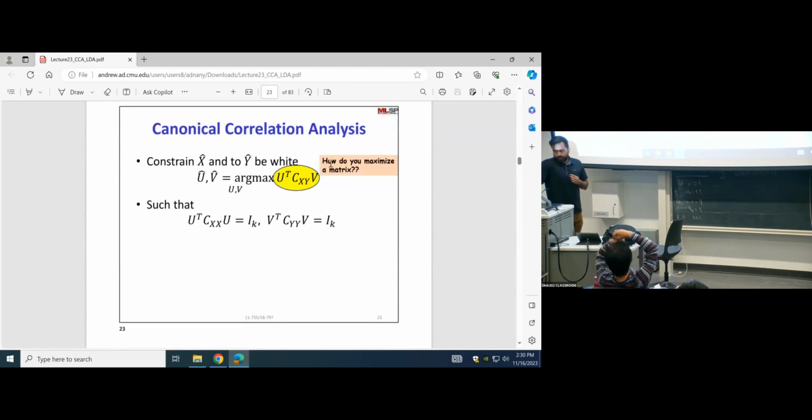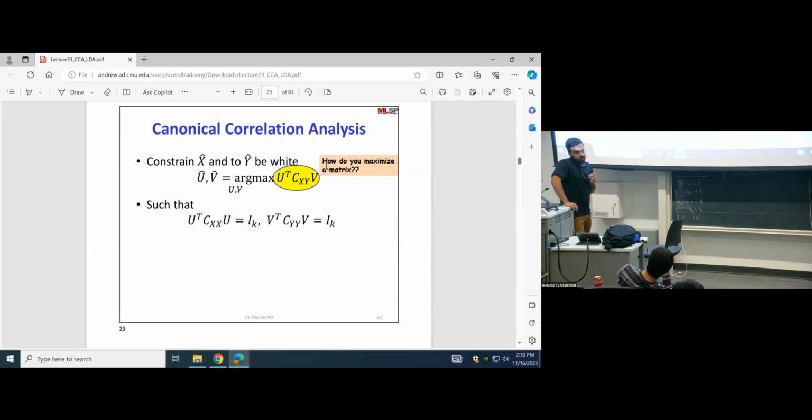So we have a problem, right? Because maximizing a matrix is not really a practical thing to do. So how do you think we go about this problem? You did it in homework 1, if you remember. You didn't maximize it, but you used an operation on a matrix that essentially maximizes the matrix. Whoever did the bonus will know.